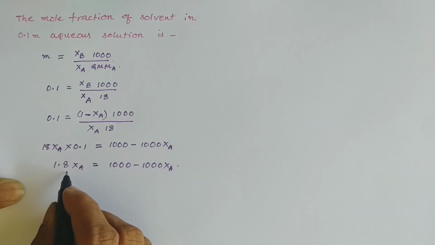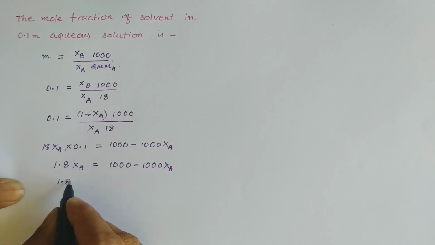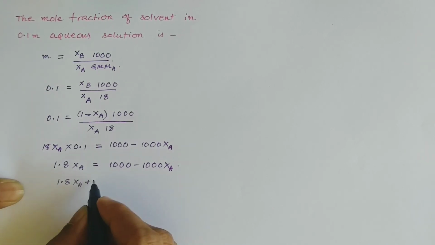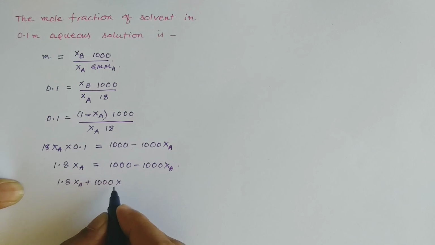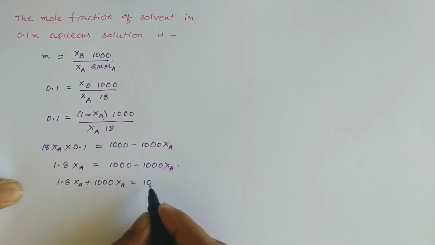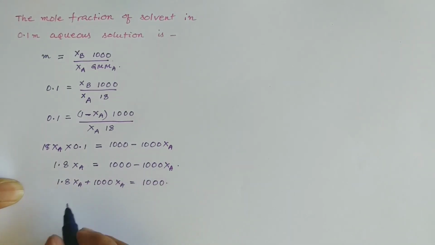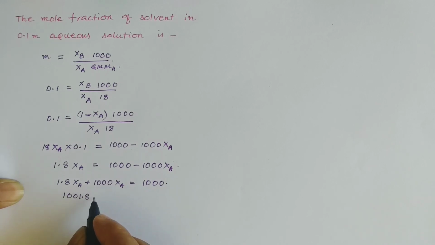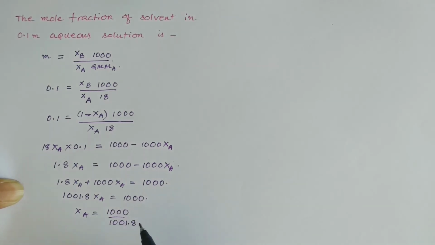1.8 xa plus 1000 xa is equal to 1000, or 1001.8 xa is equal to 1000, or xa is equal to 1000 by 1001.8.